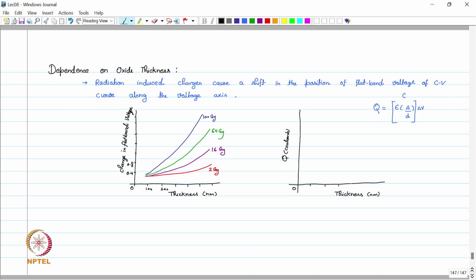again the axes are the same as the first graph. The 2 gray graph looks something like this. And there is a significant change in the total charge which we can easily detect using an electrical multimeter and some other instruments.